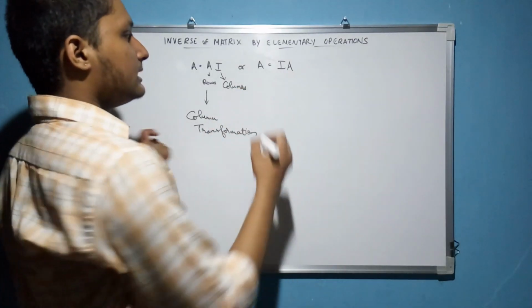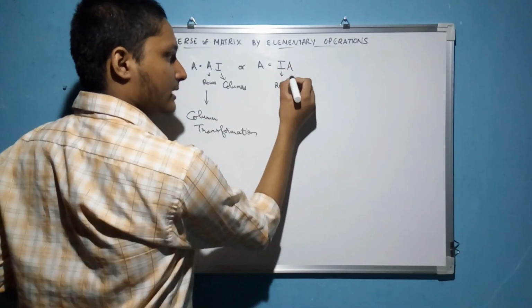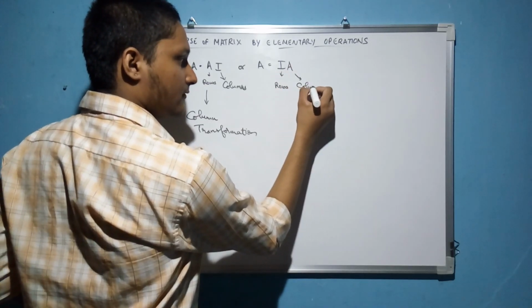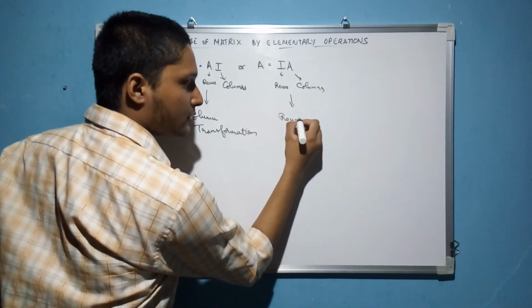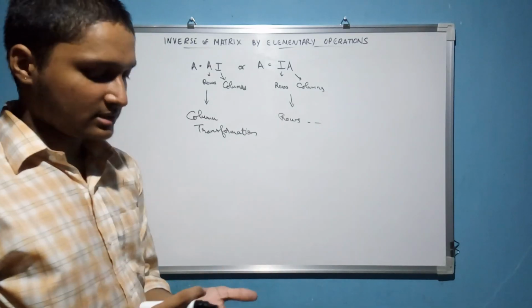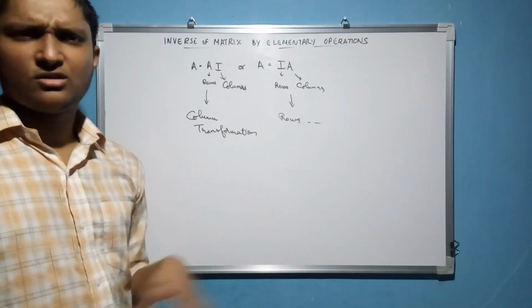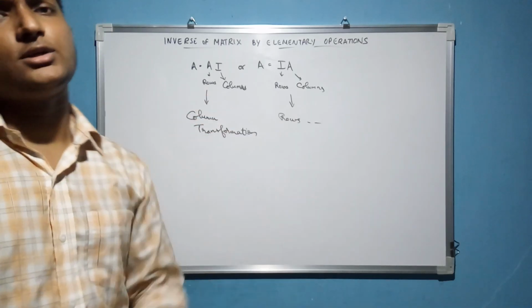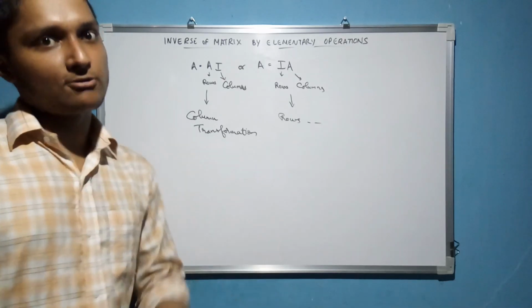But here, you have I considered for rows and A considered for columns. Therefore this tells us that we need to use the row transformation. Better we'll use the row transformation. Whatever it is, maybe you can use columns, but it is easier with row transformation. So we'll see what we're going to get.